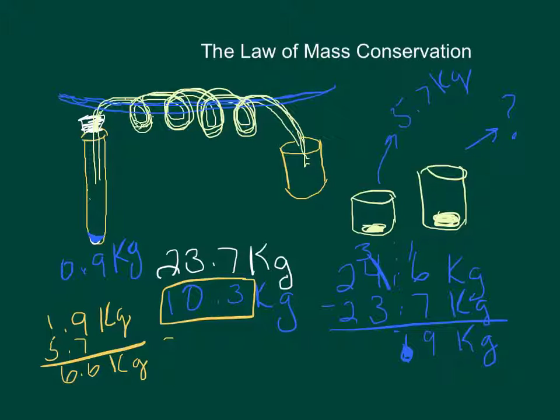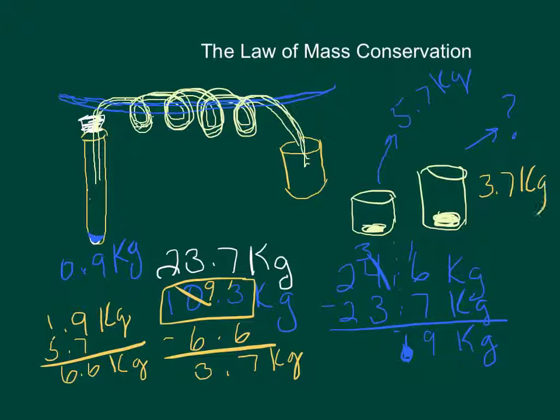So let's go ahead and do that. Minus 6.6. And this is 3.7 kilograms. Because everything has to add back and forth. We have to account for every gram, every kilogram that was there before. Where is it now?